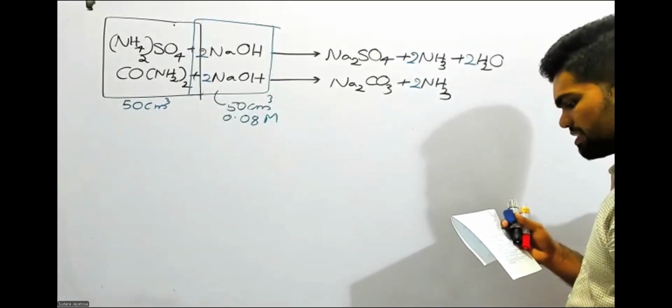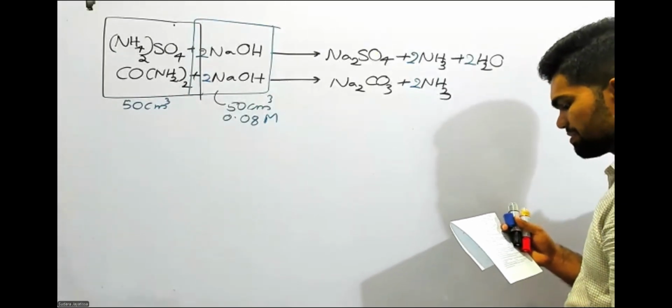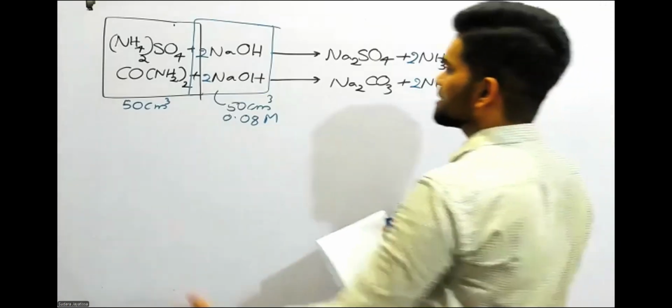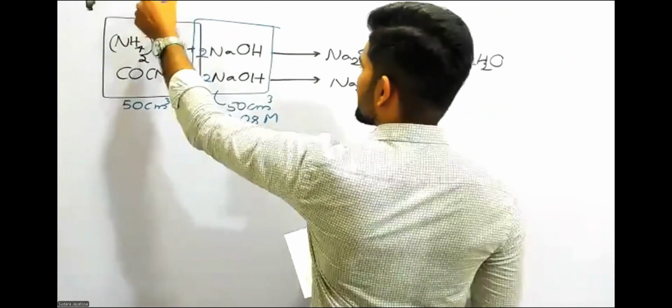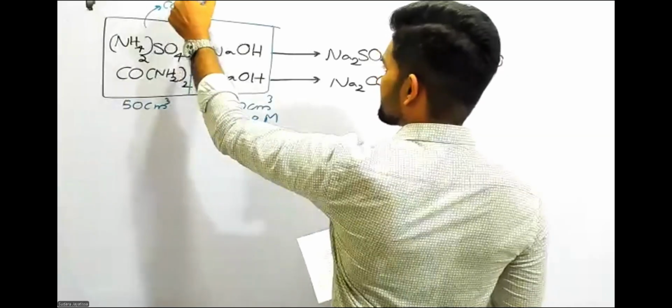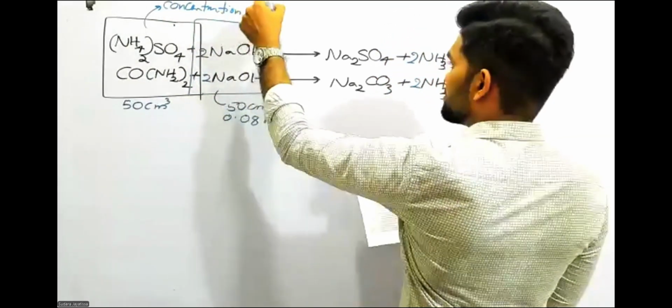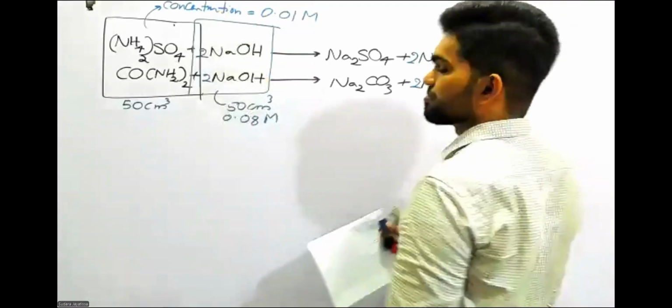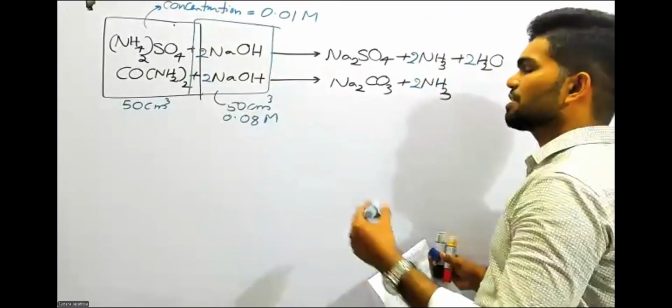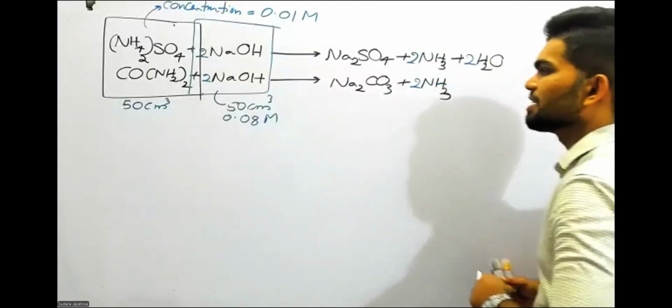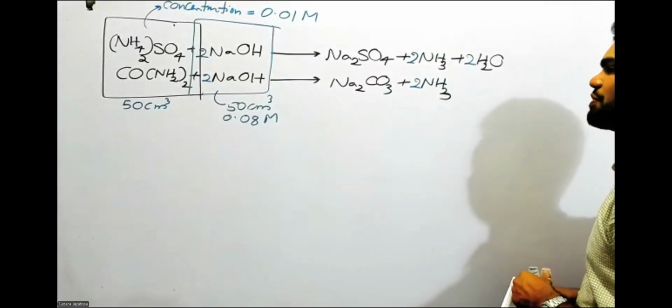Right? So they are asking what is the concentration of urea. If the concentration of ammonium sulfate is 0.01, they are asking the concentration of urea.